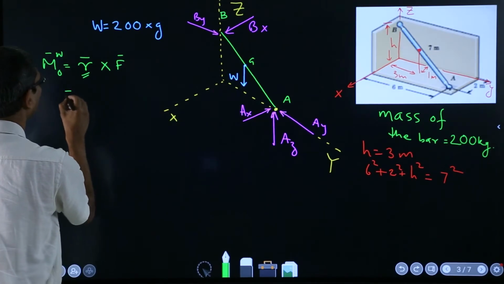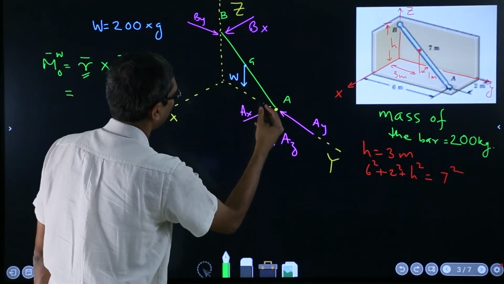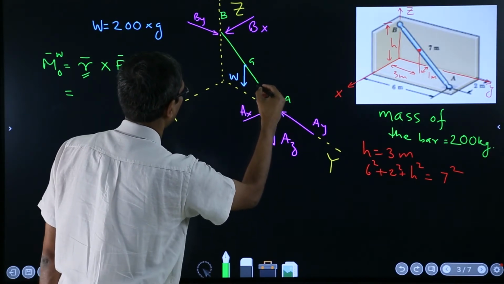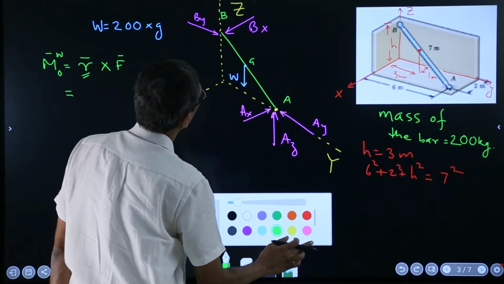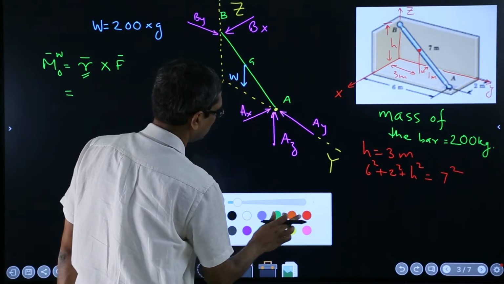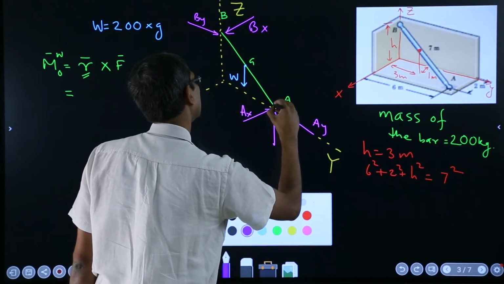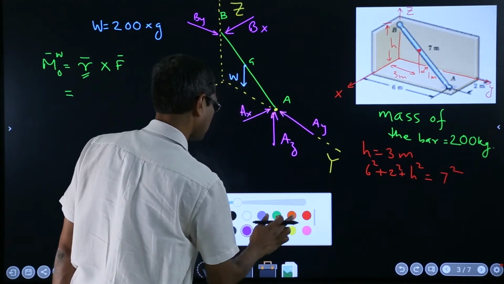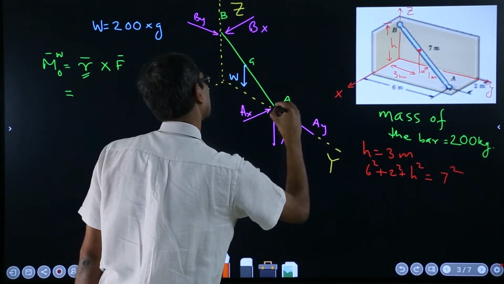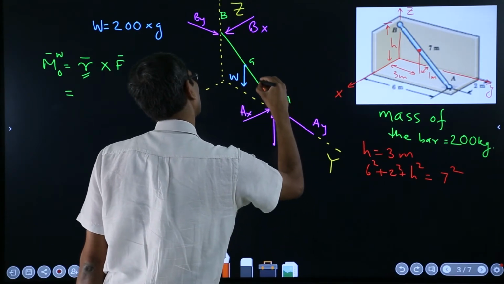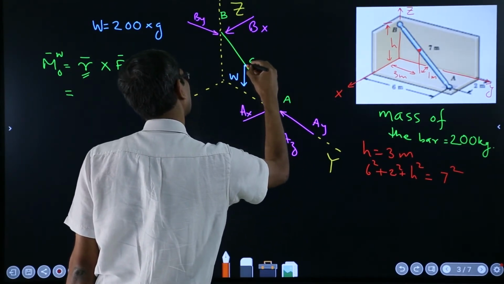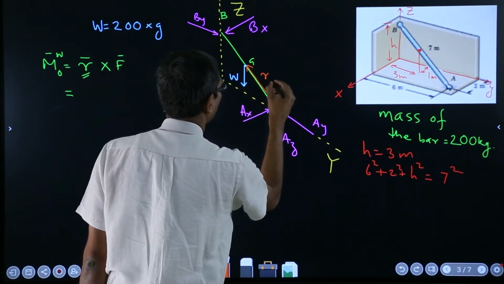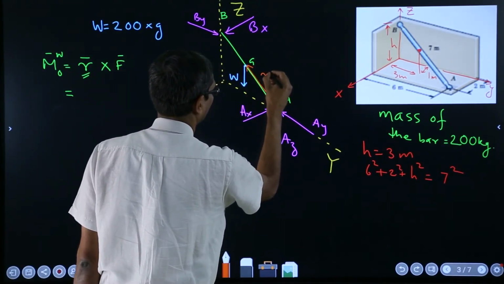How much is R? For the R vector you have to write it this way. This is the arrow which I am trying to find out, this is R, maybe AG.